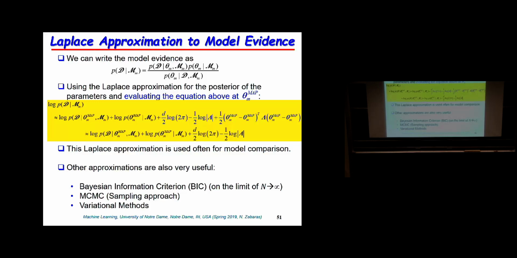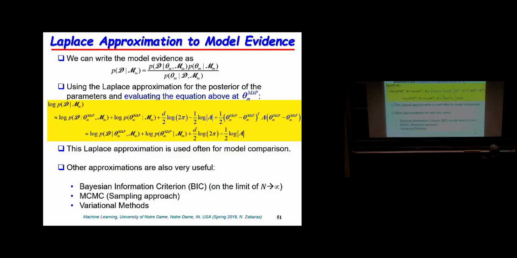For that model, the marginal likelihood is the likelihood times the prior divided by the posterior. I rearranged the terms: usually the posterior is the likelihood times the prior divided by the marginal likelihood, and this is what we want to compute.